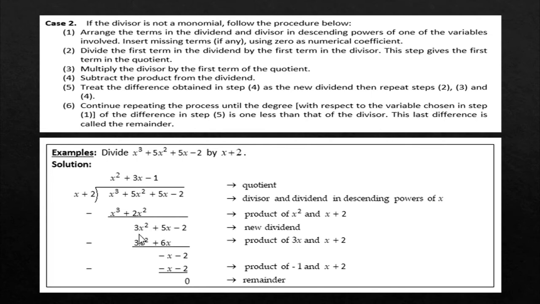So, kani siya ma-0 na. Ang mabilin diri is negative x. Bring down na to si negative 2. So, unsa man ang atong multiply ni x nga mahimong negative x. So, that is negative 1. So, negative 1 times x is negative x. Negative 1 times 2 is negative 2. So, 0 ang remainder. So, this is now our quotient.